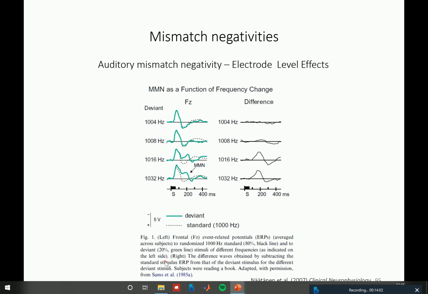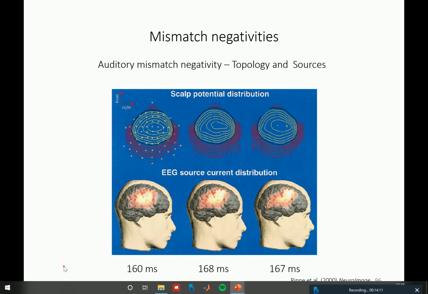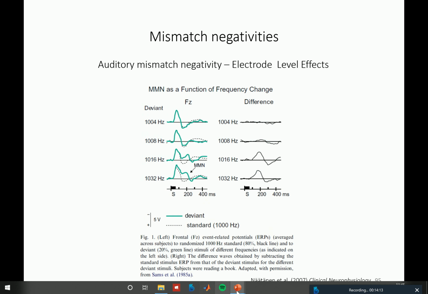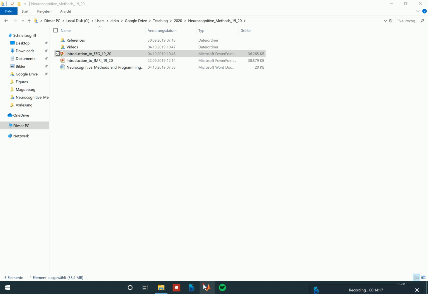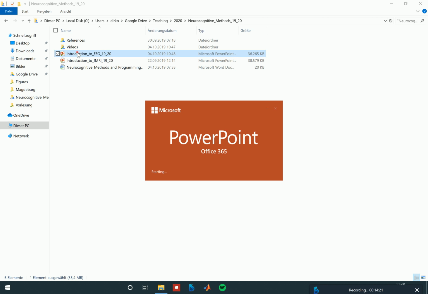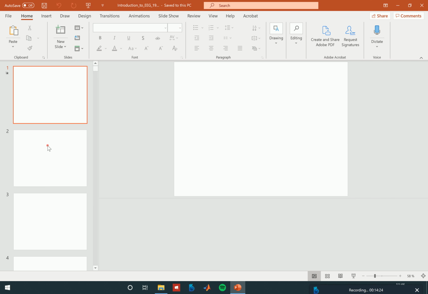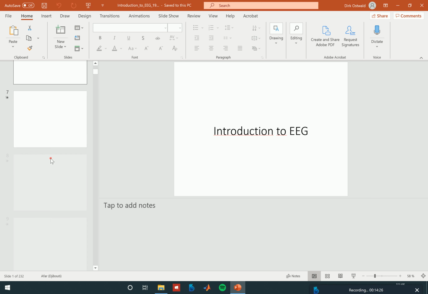So this is now an example from the Näätänen review. Näätänen is kind of the godfather of mismatch negativities.